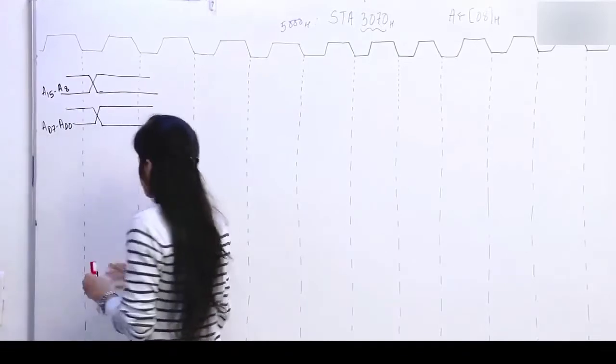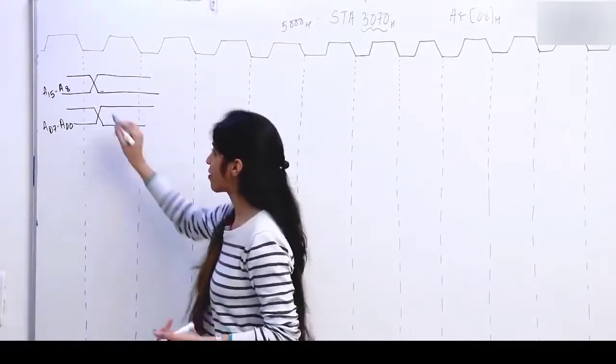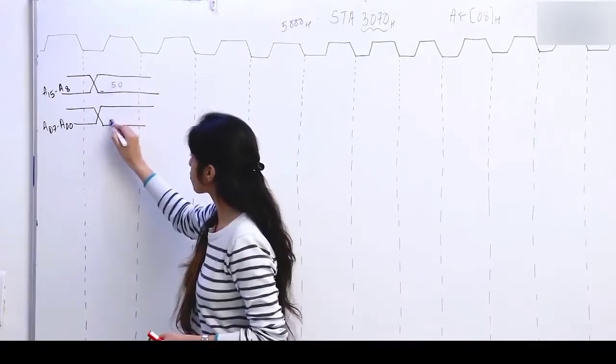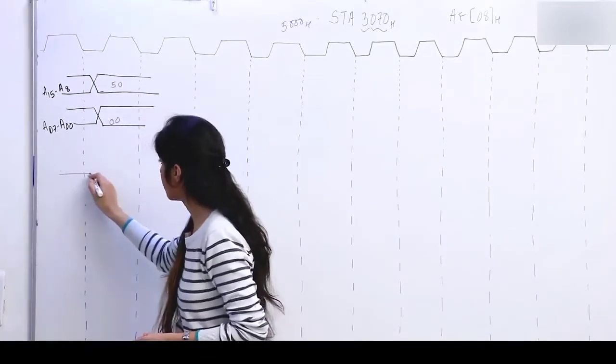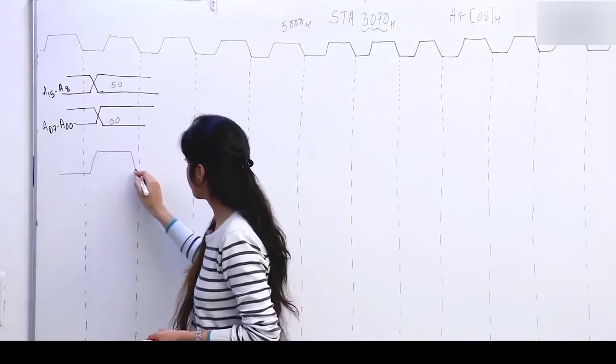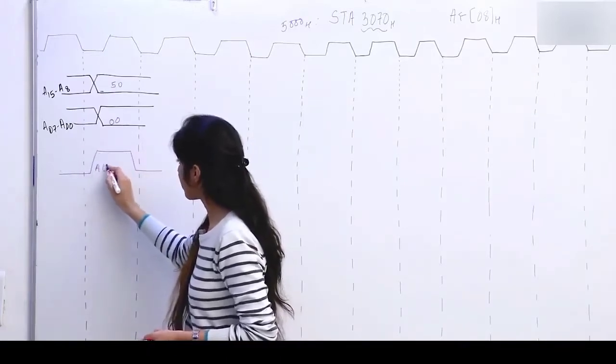So we are going to put 50 here and 00 here, and along with this we are going to enable the address latch enable, that is, we are making ALE 1.